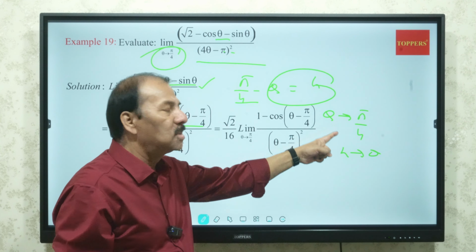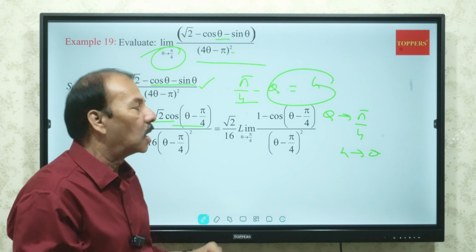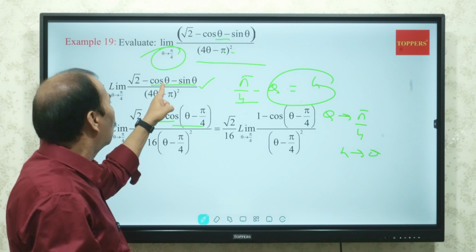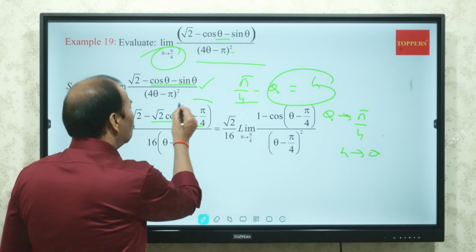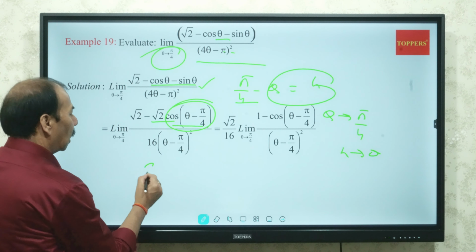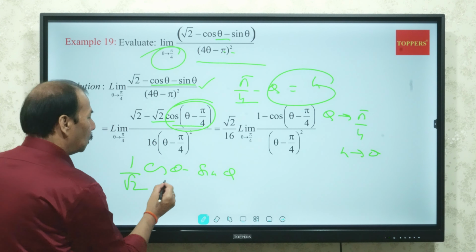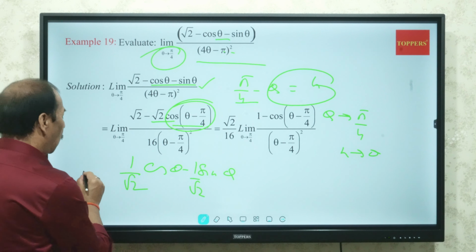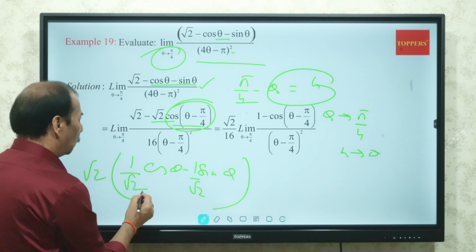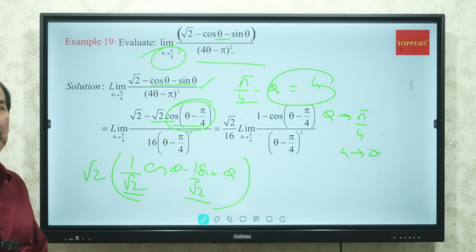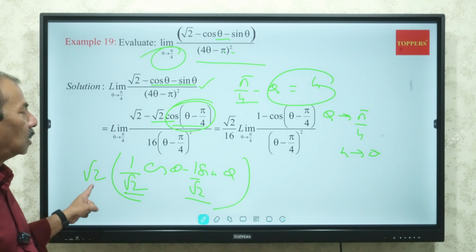You can do all these steps and come to the conclusion, or directly, because cos theta minus sine theta, how is it written here, you can write it like that. Just multiply both the terms by 1 by root 2, and here it will be root 2. Because we have multiplied by 1 by root 2, you have to divide by root 2. So finally you are getting this.